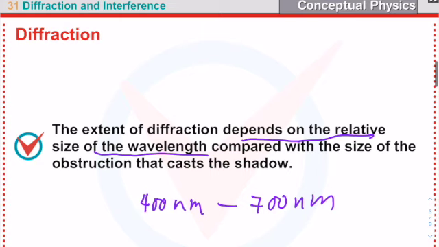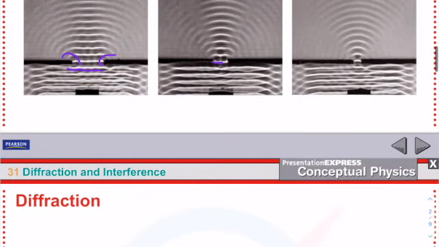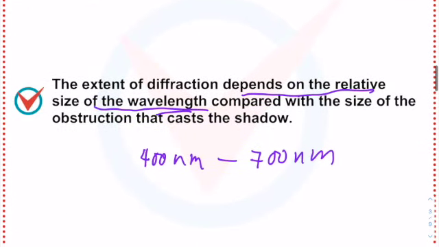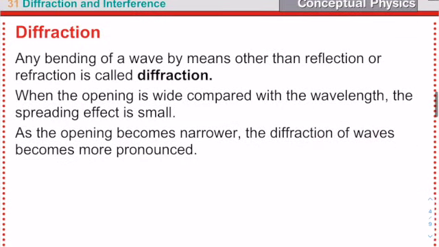The only way we can observe diffraction of light is when the openings are comparable to the wavelength of the wave. So the openings have to be very small, since these are nanometers, in order for diffraction to occur.